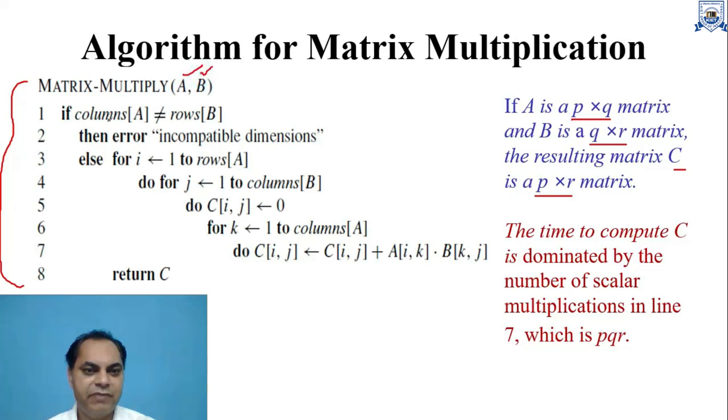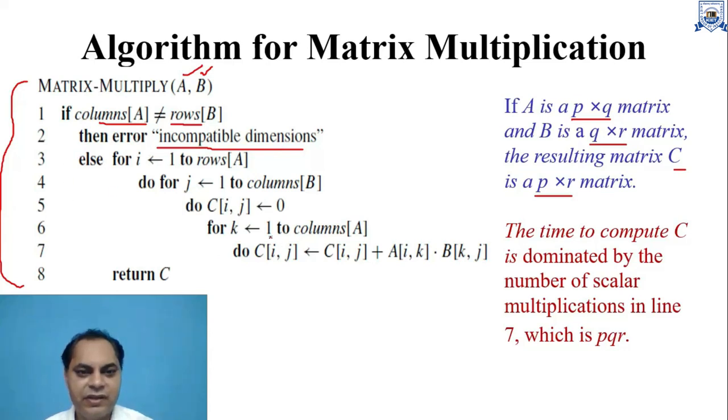It takes two matrices A and B. First of all, it checks the compatibility of the multiplication of these two matrices. For compatibility, the columns of A must be equal to the rows of B. If these are not equal, then it will show an incompatible dimension error, otherwise it multiplies.